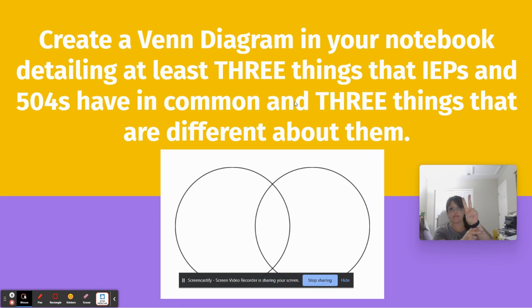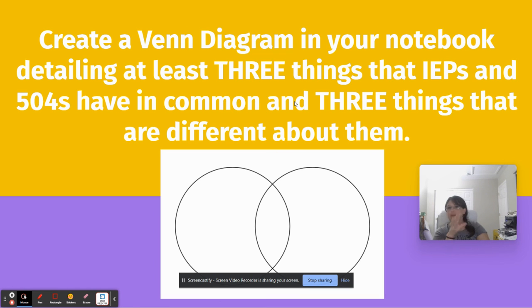Okay, so those are two things. The next 7 things should be your vocab, right? So you should have IEP, 504, RTI, differentiation, scaffolding, accommodation, and modification.